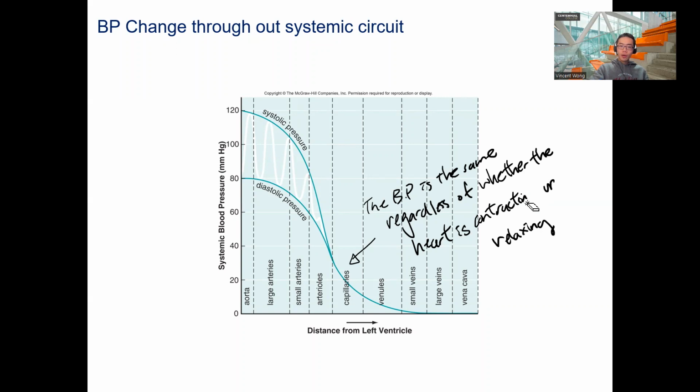You are so far away from the heart by now in the capillaries that you don't even feel the difference. Whether the heart contracts or relaxes, it no longer has an effect on the blood pressure at this point. It's just going to be a single number.